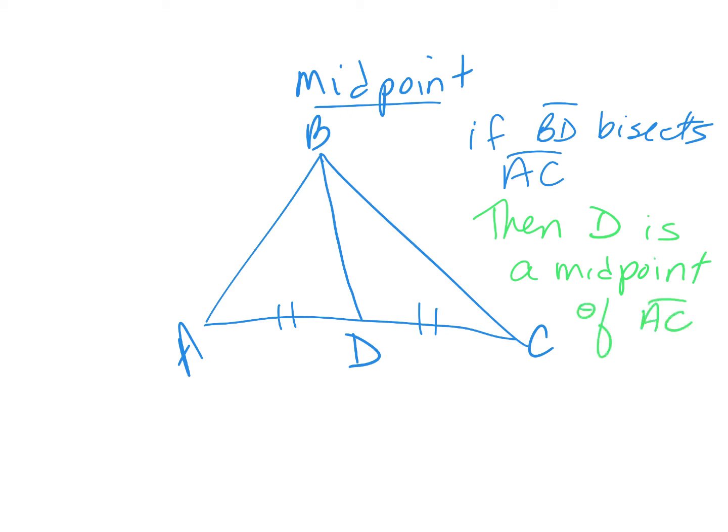Points are named with one letter. So what letter is the midpoint of the guy that got cut in half? D is. D is the midpoint, not BD, but D. So if I drew this other line and they tell you that BF and FC are equal or congruent, then I know that F is the midpoint of BC.